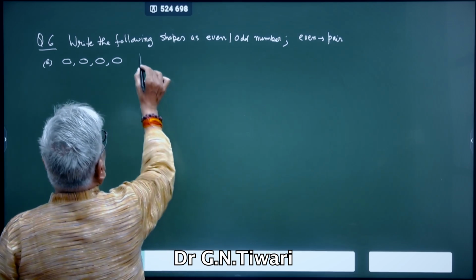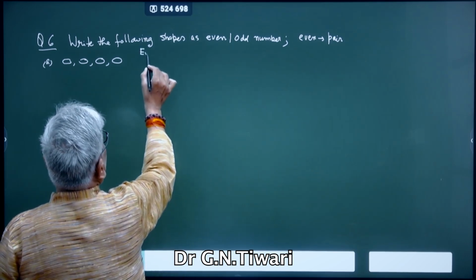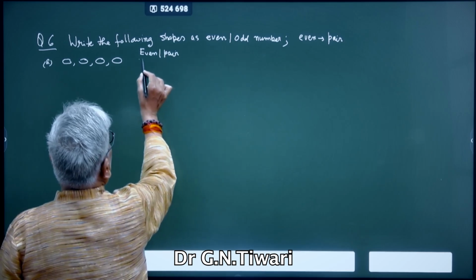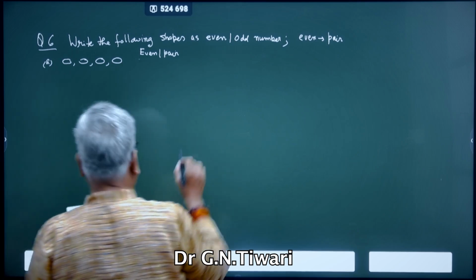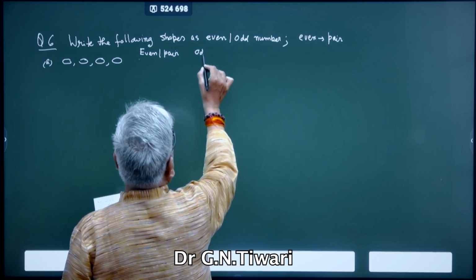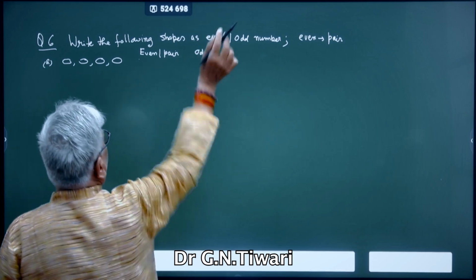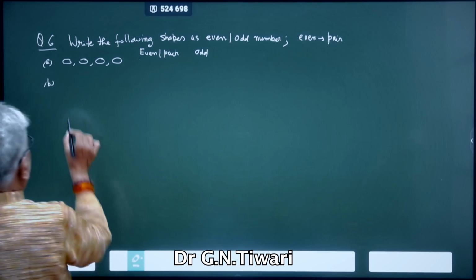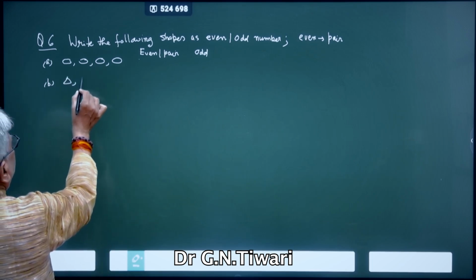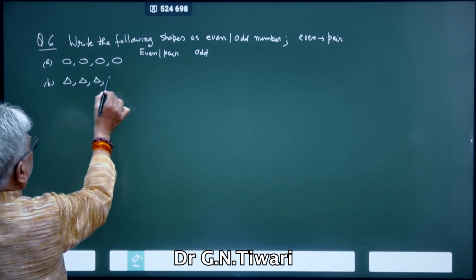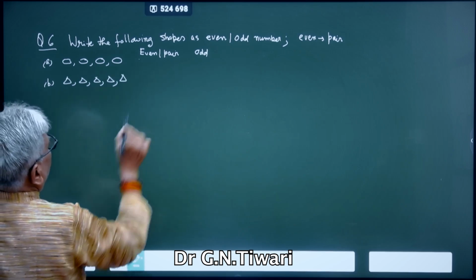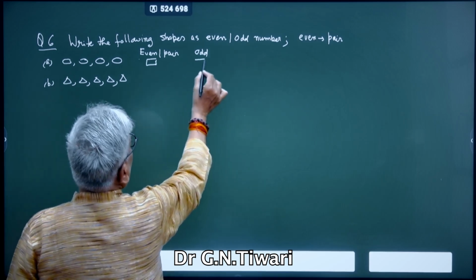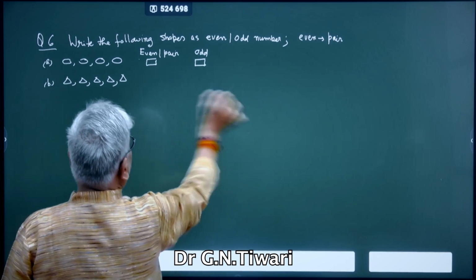Now here I am writing even, oblique, pair. So here you have to tick. Here it is odd. So even, if you tick like this. B, triangle. Right. So tick, here I am putting like this. You have to make this and put it.